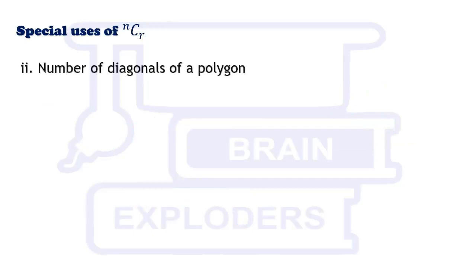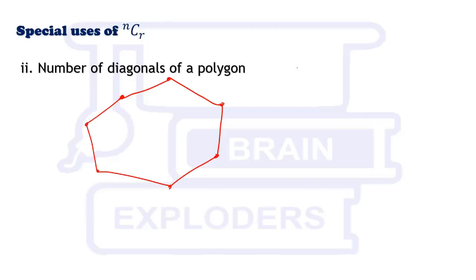Number of diagonals of a polygon. Suppose this is a polygon having n points, n vertices, and we have to select a diagonal. So we have to make a diagonal.